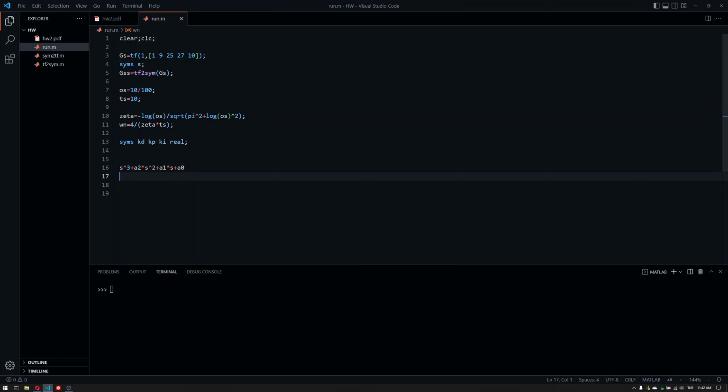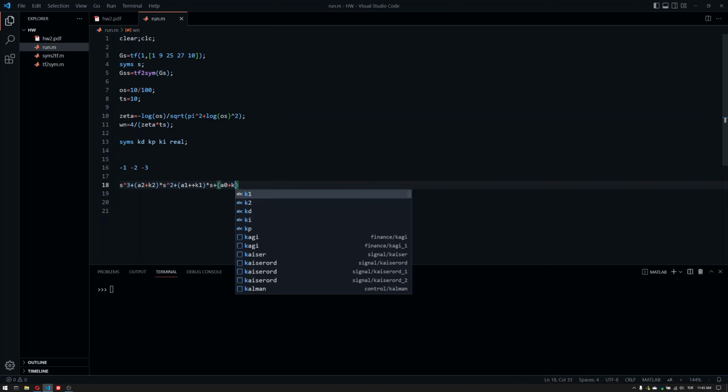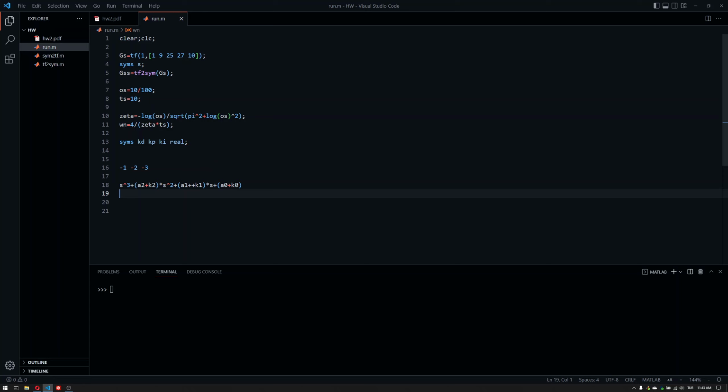If we want to, for example, assign a set of poles like -1, -2, -3 for this polynomial, then we need access to a2. We need to influence this coefficient somehow. Let's call it k2. We need to influence a1 plus k1, and we also need to influence the constant coefficient here, so that we get basically all the poles that we want.